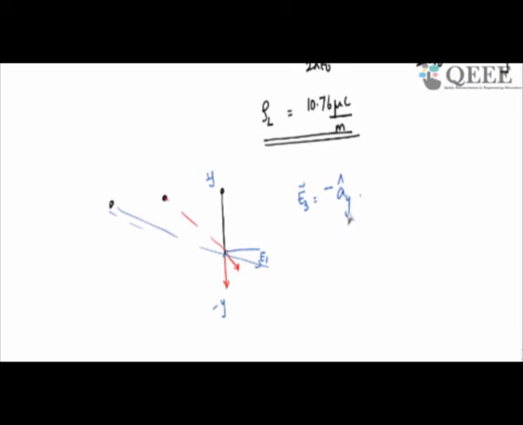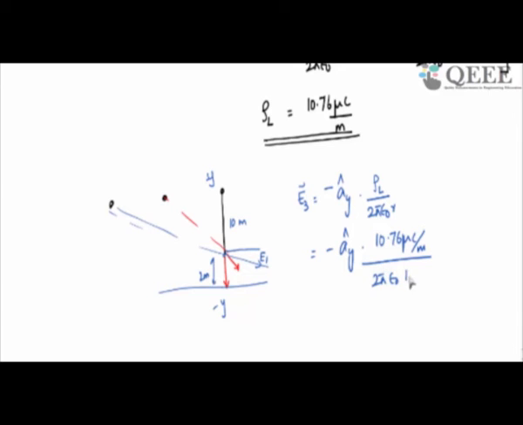And what is the magnitude of E3? It is given by rho L divided by 2 pi epsilon naught R, and rho L is 10.76 microcoulomb per meter divided by 2 pi epsilon naught R. Now, this distance is 10 meter, this is 2 meter.